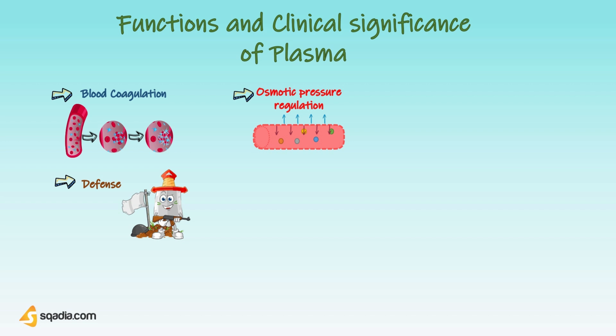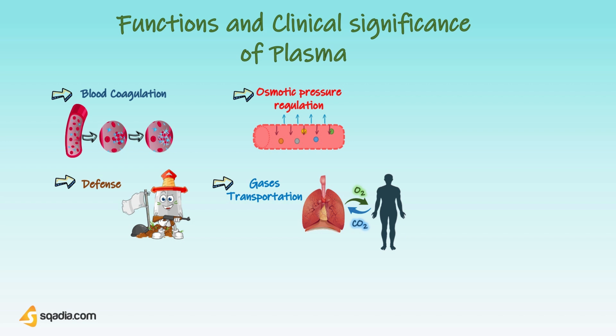In the transport of respiratory gases, where it carries oxygen from the lungs to all body cells and cellular carbon dioxide from cells to the lungs. In the transport of nutrients like glucose, lipids, and vitamins absorbed from the GIT, transported to all body parts, where they are used as fuel for cells.